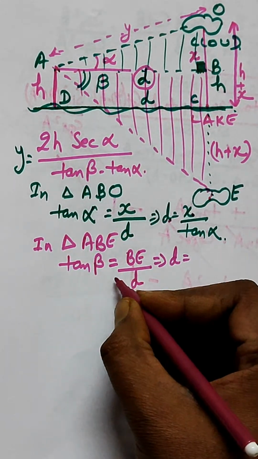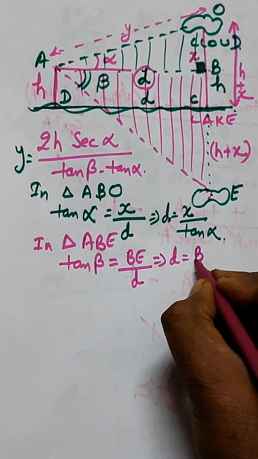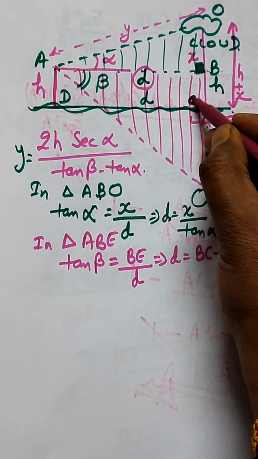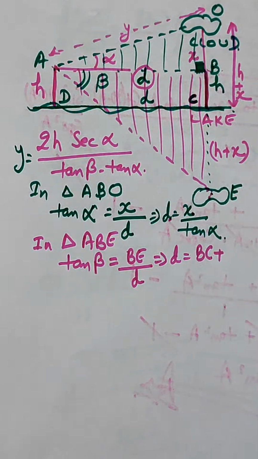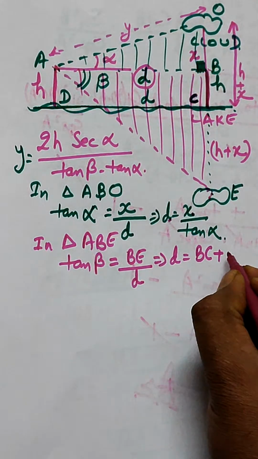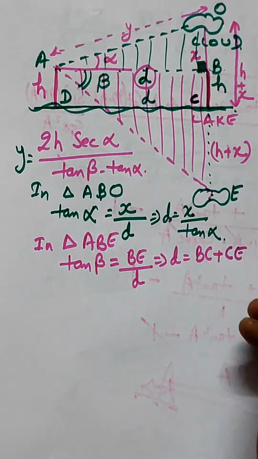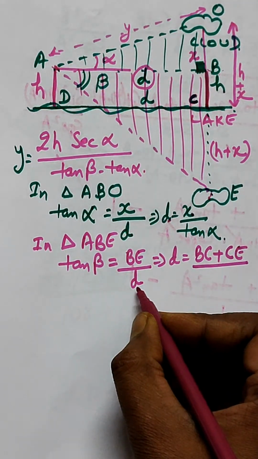So we can write D as BE by tan beta. And what is BE? BE is BC, this is B, this is C, BC plus CE. BC plus CE divided by what?